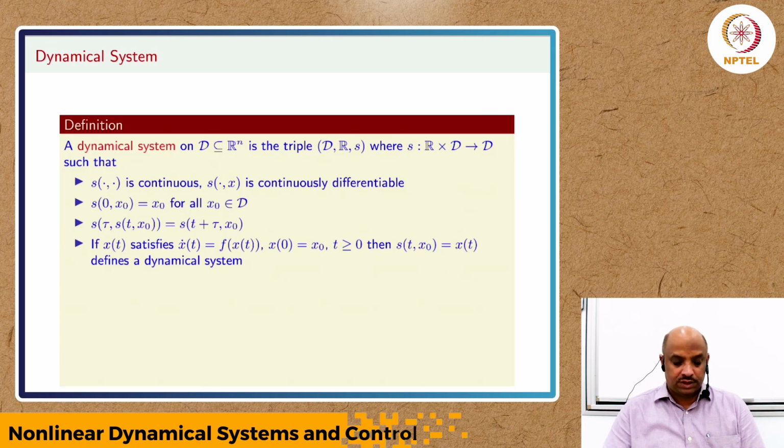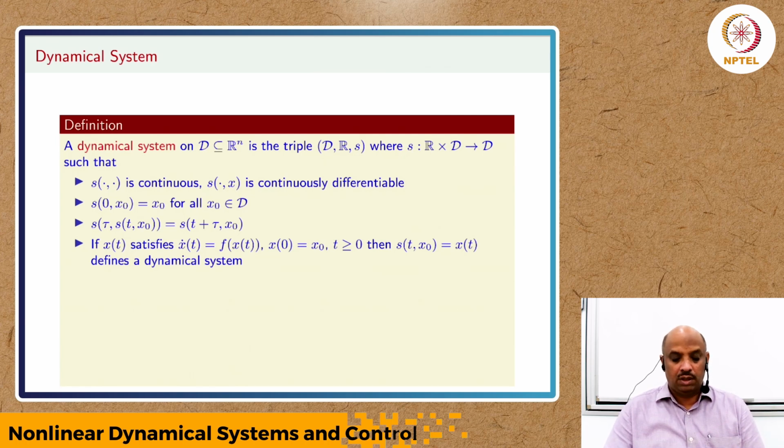For example, in some cases this function may not be continuous. That means it may not be a solution to some differential equation, but in reality there are systems which could be discontinuous in the real world, and we want to model those.